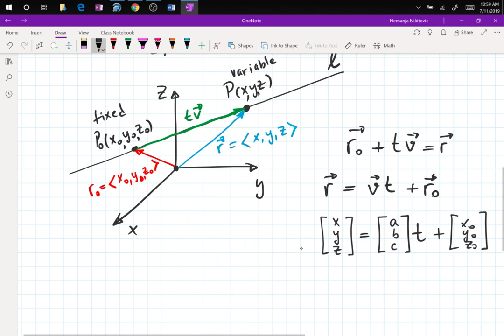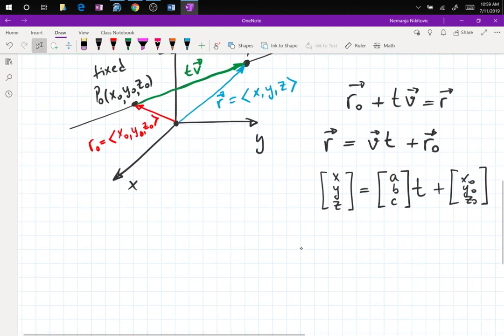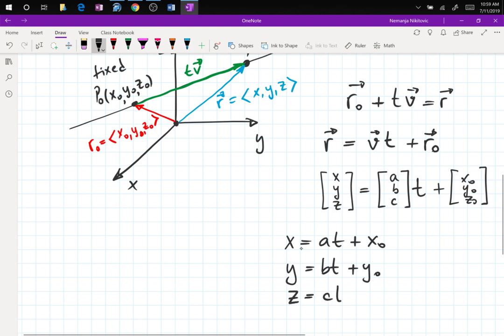What you are getting here are 3 separate equations, which are, as you are all expecting, 3 parametric equations in terms of t that describe the line. You have an equation for the x coordinate, which is at plus x0. You have an equation for the y coordinate, which is bt plus y0. An equation for the z coordinate, which is ct plus z0.